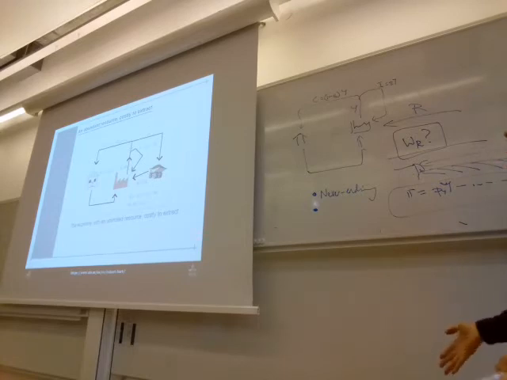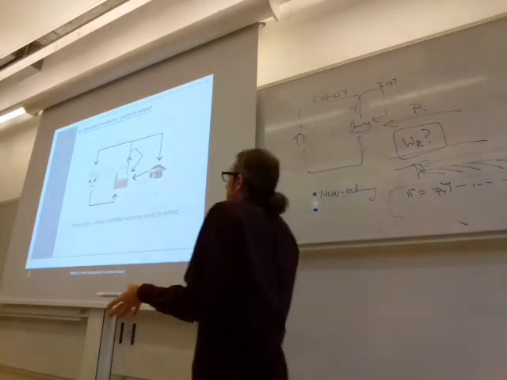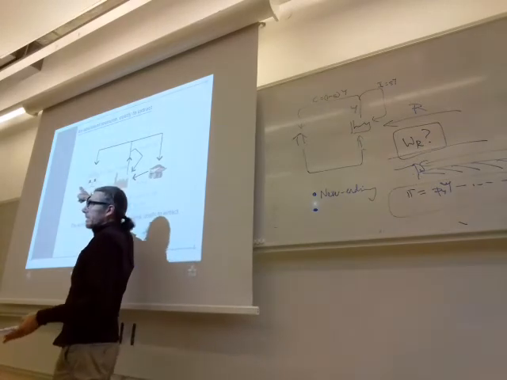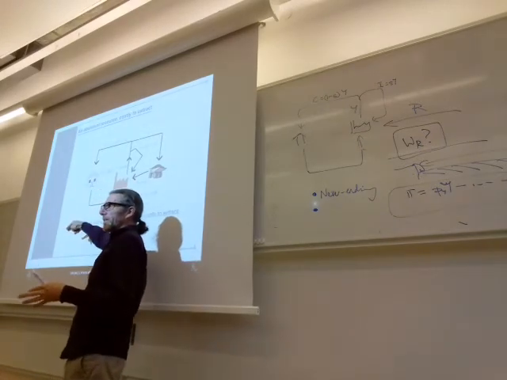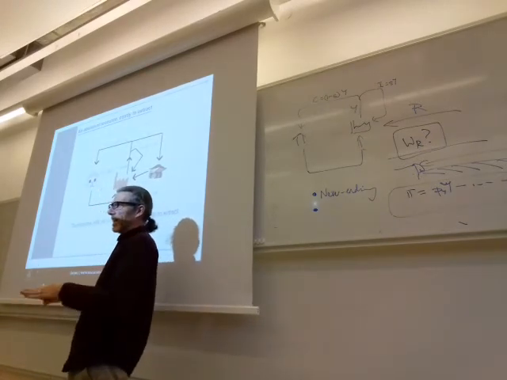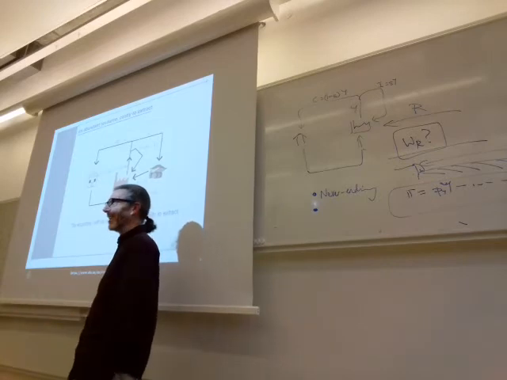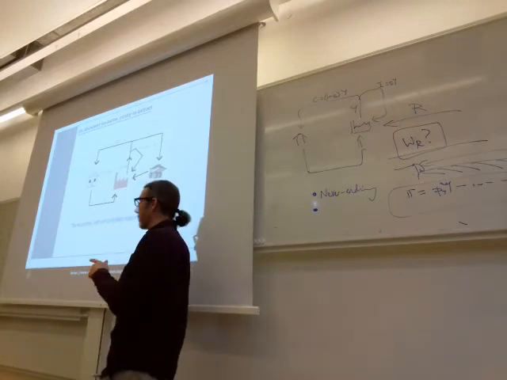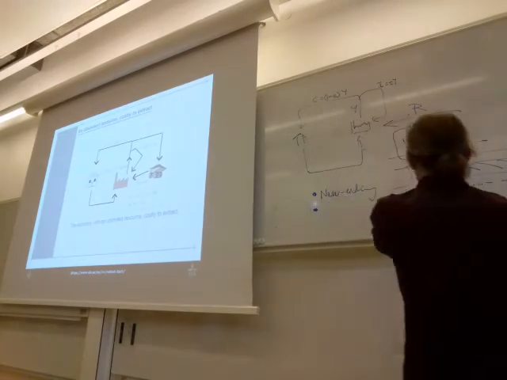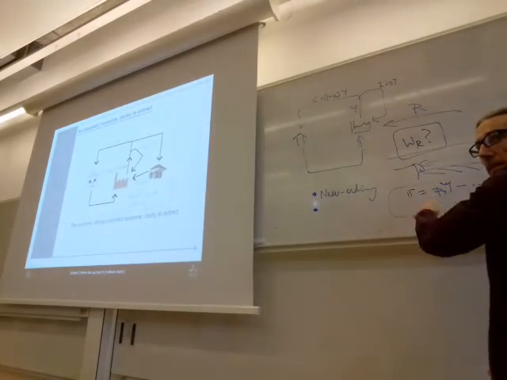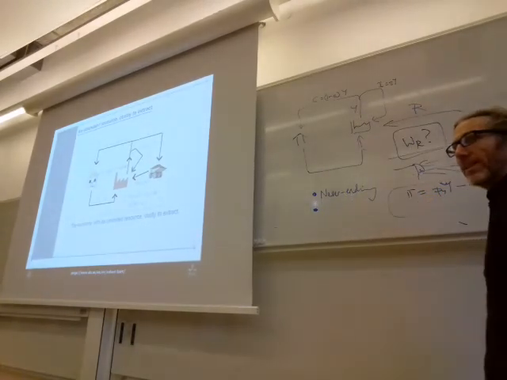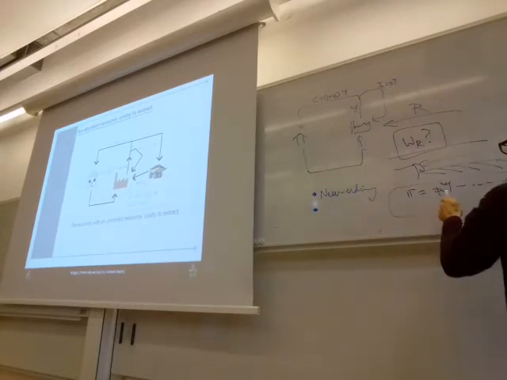Because if you think about it, there's only one good in the economy, and we're interested in real prices. So obviously it has to be constant, otherwise it makes no sense. If this is rising, that's just inflation, isn't it? Because it's the only good. Okay, so the price of widgets is constant, and actually we normalize it to 1.